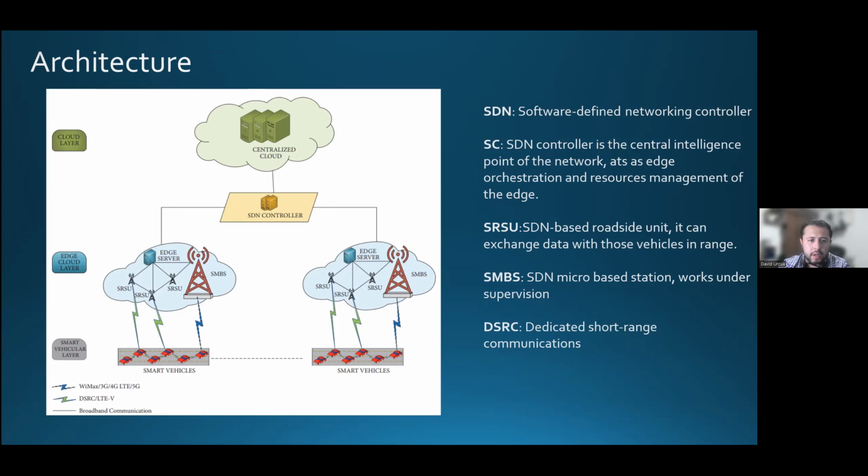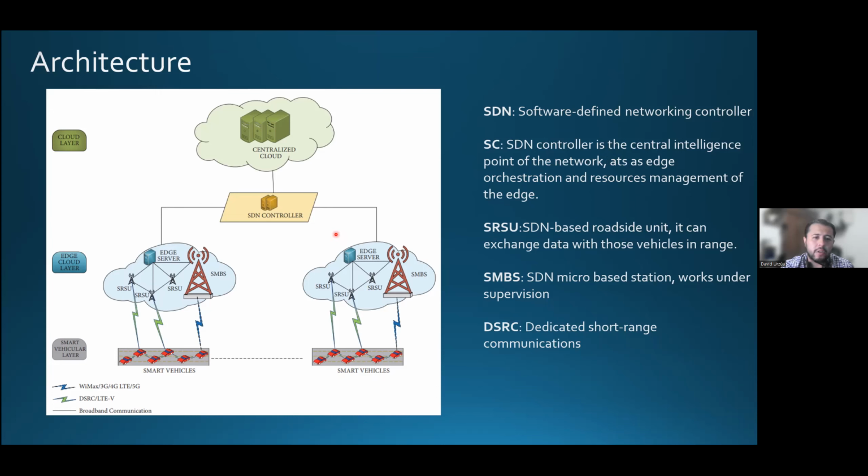It is composed of an SDN controller. An SDN is a software-defined networking controller, and the edge nodes are composed of RSU components, which are roadside units that can exchange data with vehicles in range.